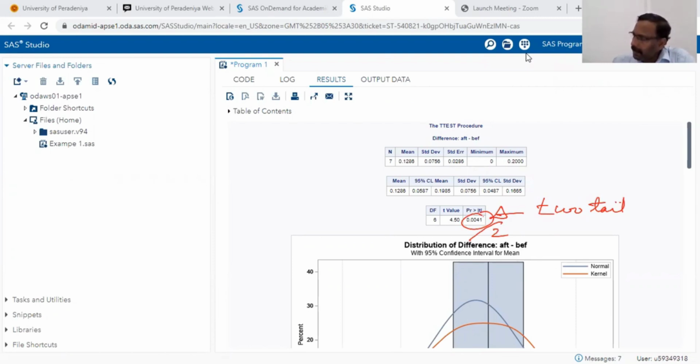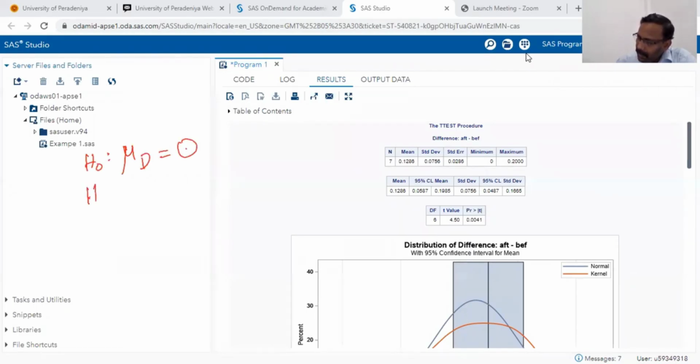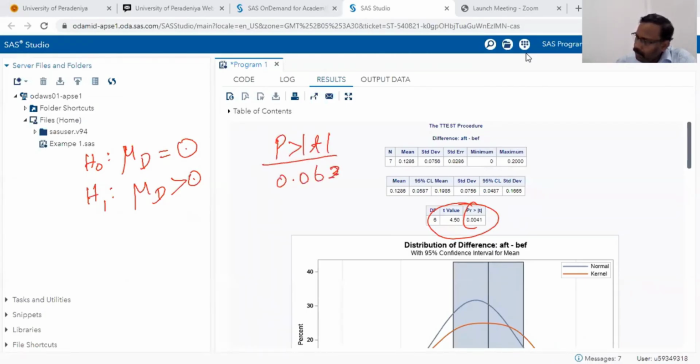For example, for the same example, my null hypothesis is mu d equals 0, alternate mu d greater than 0. Let's say I got this P greater than absolute t value as 0.063 or 62.